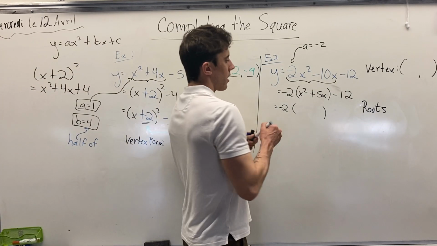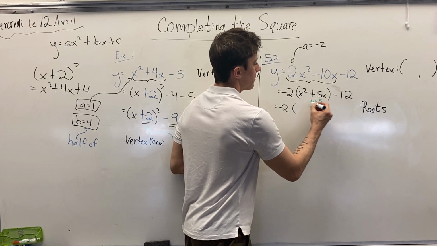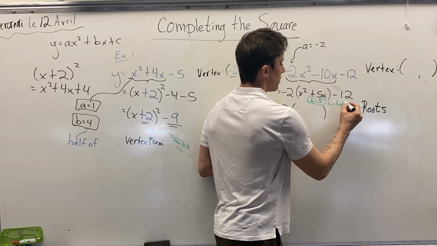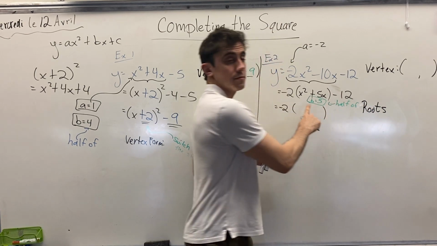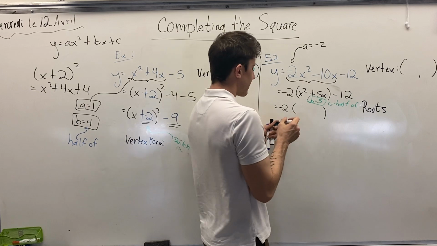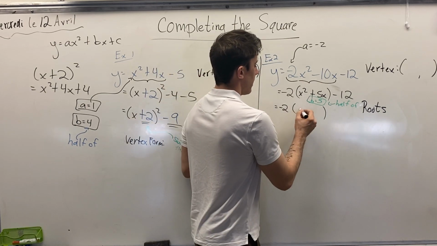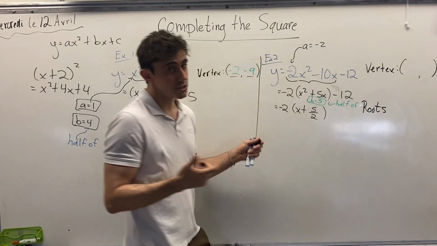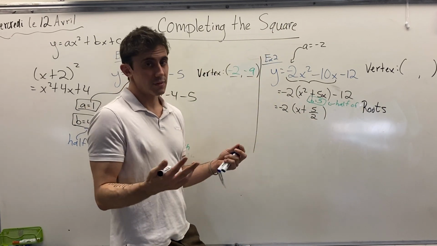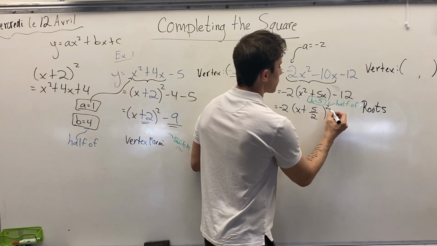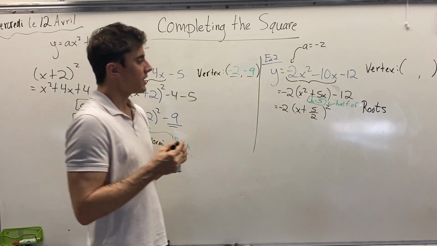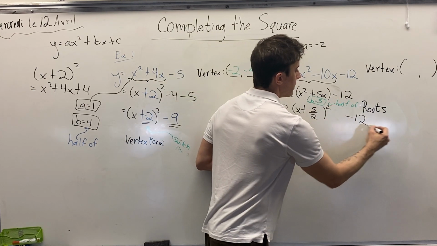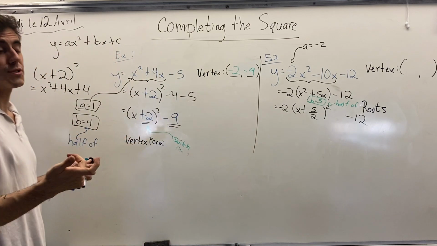Here, our b value is equal to 5, and so if we want half of that, then we're going to write this as x plus, you can write it as 5 over 2. You can write it as 2.5 if you'd rather work with decimals. I'm going to leave it as 5 over 2. And now we square the whole thing, okay? And we have minus 12 in the previous line, and so we still need it in this line as well, okay? Now here comes the tricky part.